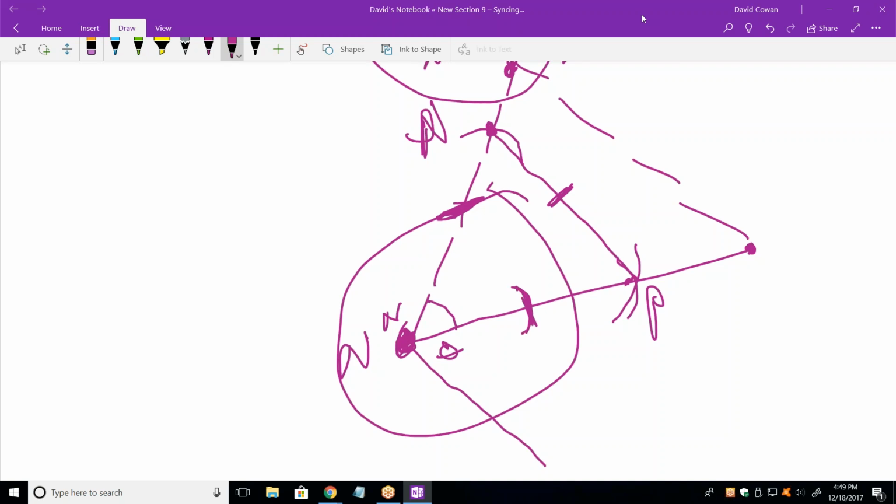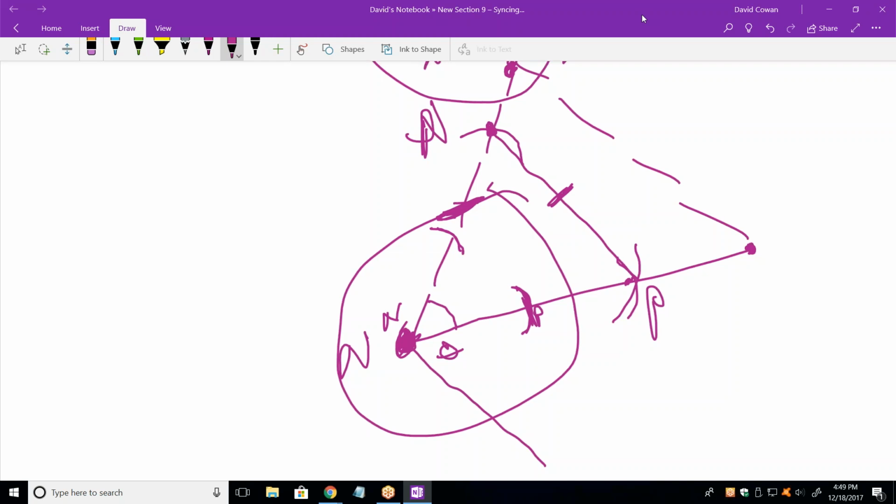So I set my compass distance from N to P, and I cut out that distance, and I cut out that distance. It's really important to understand that a compass is only one thing. It is a measurement tool, like a ruler.